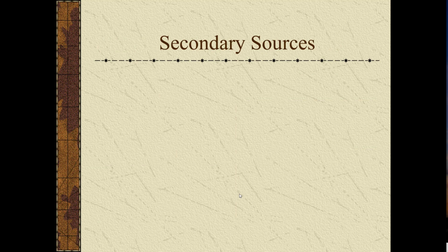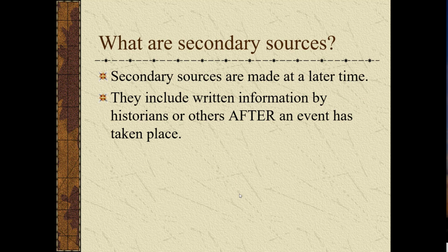Let's talk about secondary sources and what's different about them from primary sources. Well, secondary sources are made at a later time. They are not done at the time of something happening. And they include written information by historians or others, it doesn't have to be a historian, after an event has taken place.